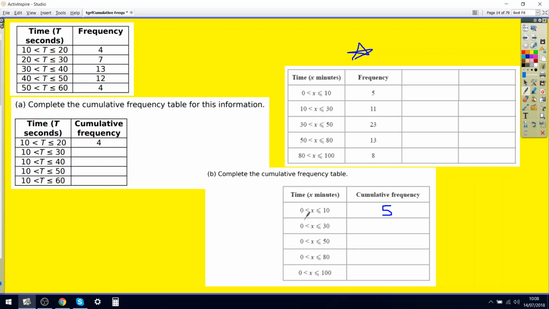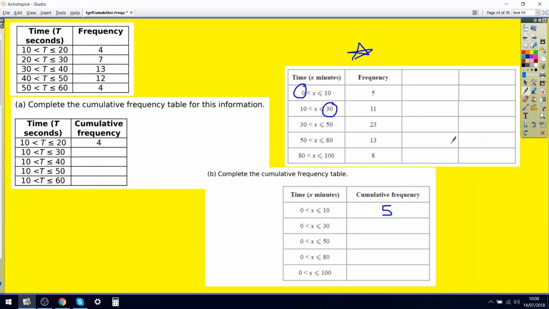Also, 30, sorry. So the frequency was 5. So what's the frequency from 10 to 30? 11. And so what's the frequency from 0 to 30? 16.